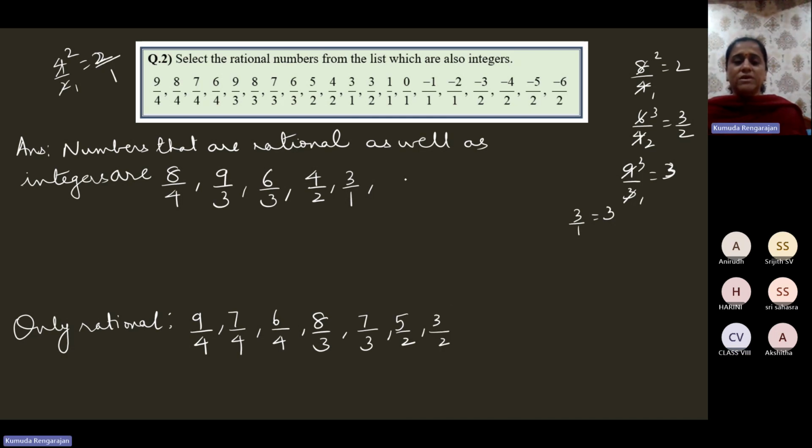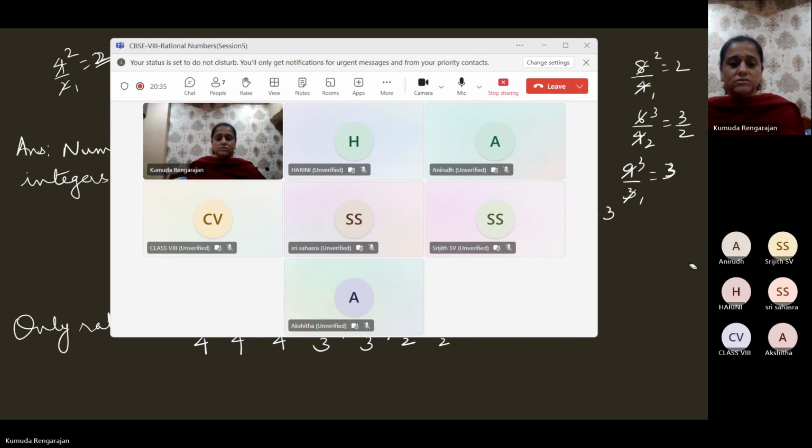Avnish, next one, 1 by 1. Ma'am, rational as well as integer. What's the value of 1 by 1? 1. So it is a rational number as well as an integer. Okay, Dhanvin, 0 by 1. Are you there? He hasn't joined us yet.